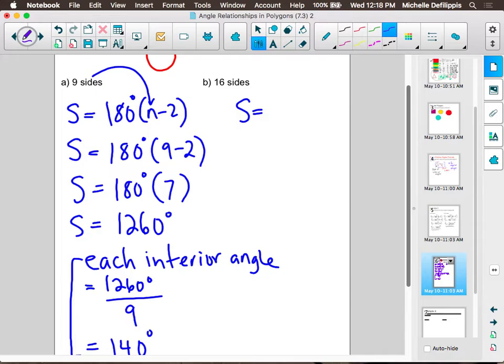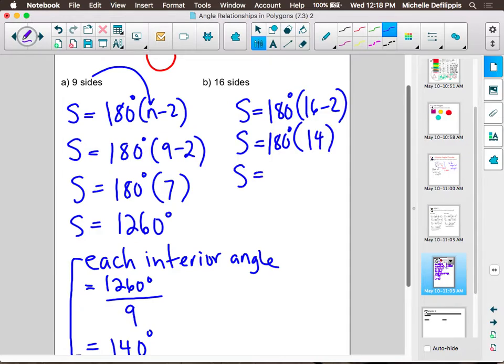So here you're plugging in 16 for n, okay? So 180 degrees times 14. So that should give you 2,520 as the sum of all the interior angles in a 16-sided regular polygon.